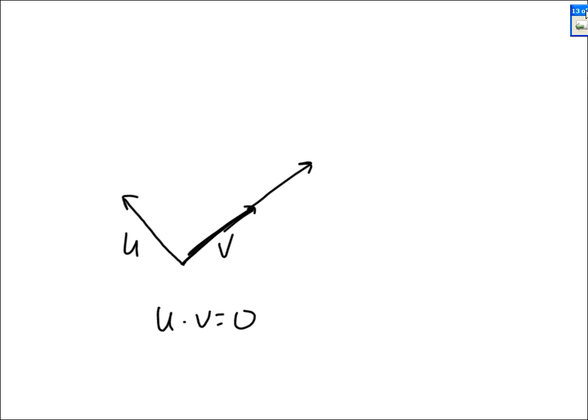If two vectors are perpendicular, like these vectors, we're in R2 now, on the blackboard, the dot product is 0. If this is u and this is v, u dot v is 0 because it's a right angle. If I make v longer, call it w now, u and w are still at a right angle.